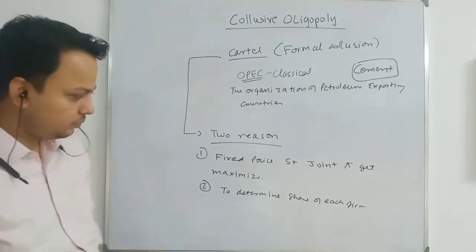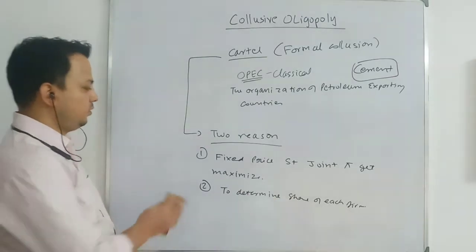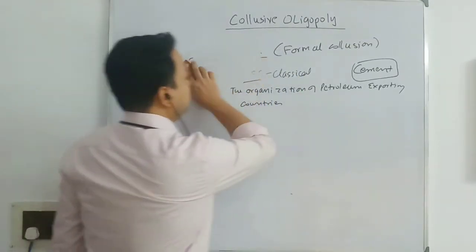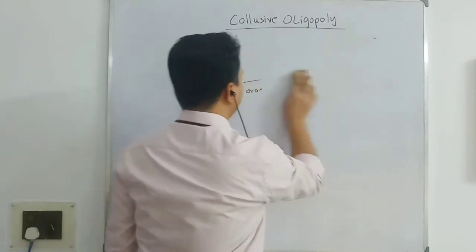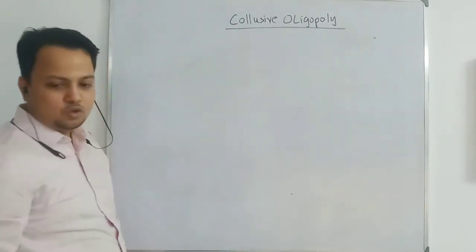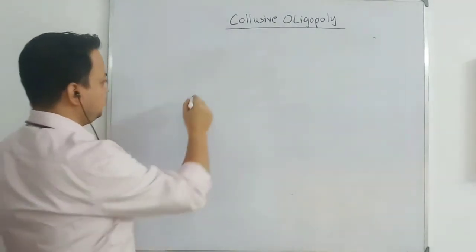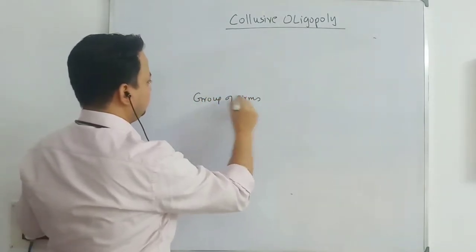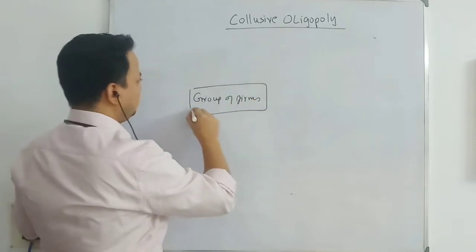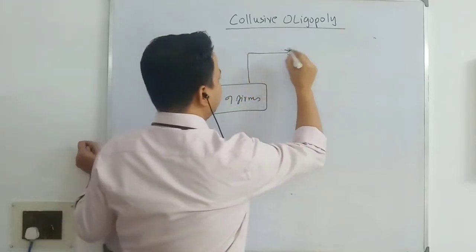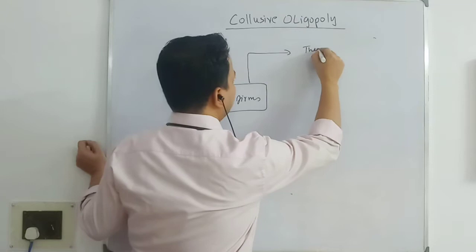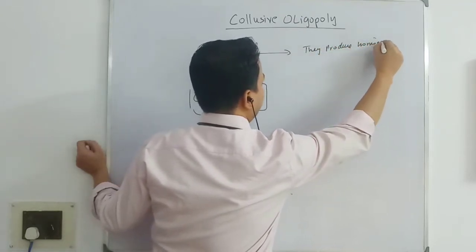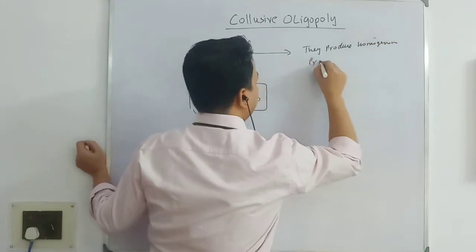Now how does this cartel function? You have a group of firms. This group of firms produces a homogeneous product.